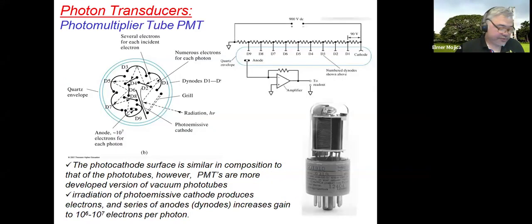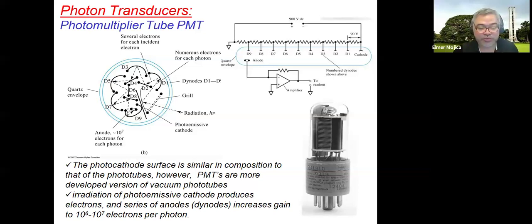And then we have the so-called PMT, the photomultiplier tube. If we look at this photomultiplier tube, it is just like the phototube that contains a photosensitive cathode and a collection anode.